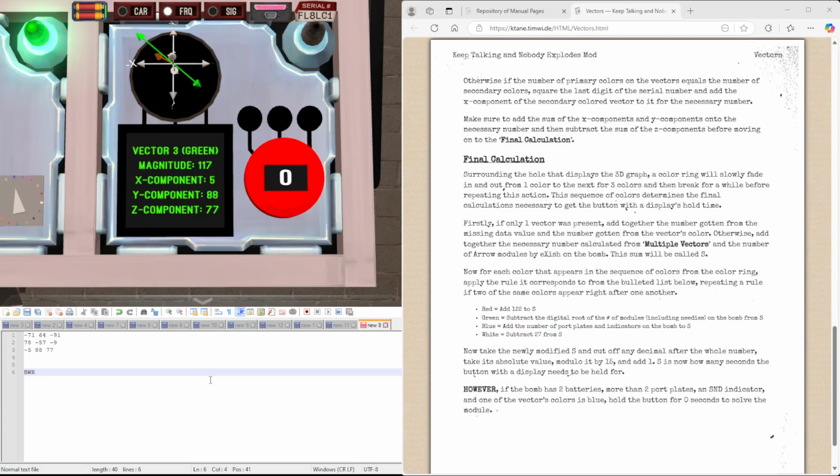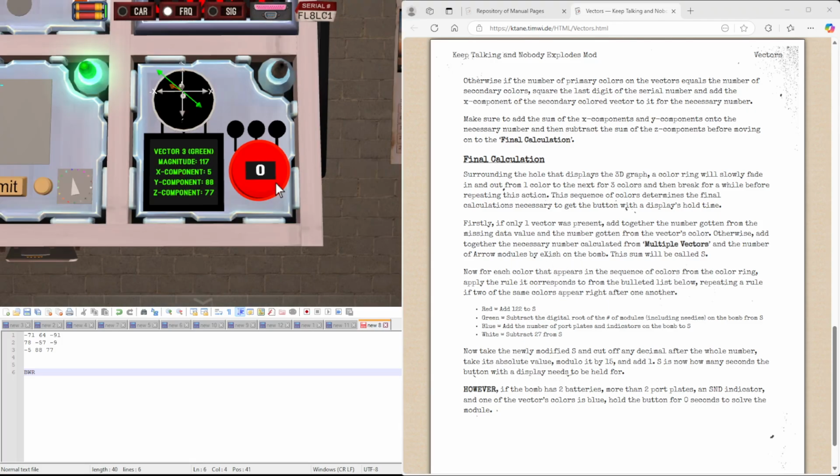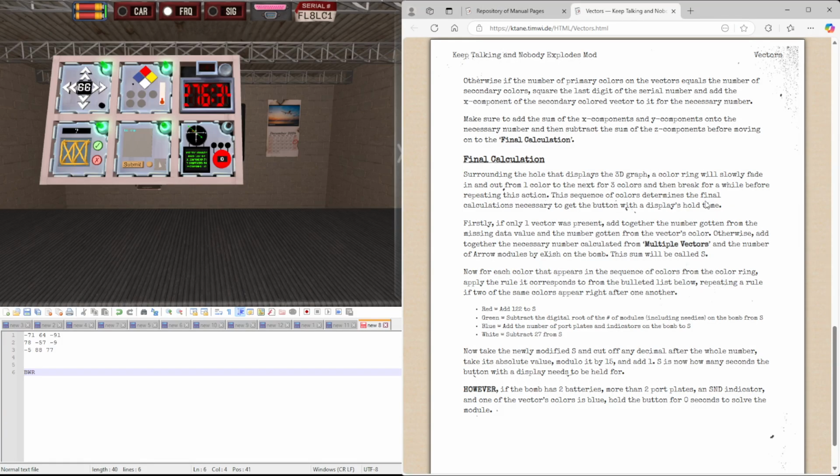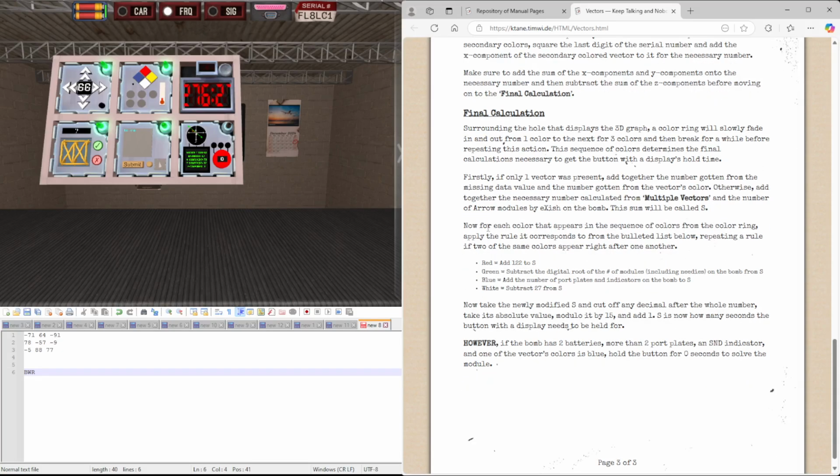You want one vector present. Otherwise, add together the necessary number derived from multiple vectors and the number of arrow modules that exist on the form, which is none. So it will be called S.